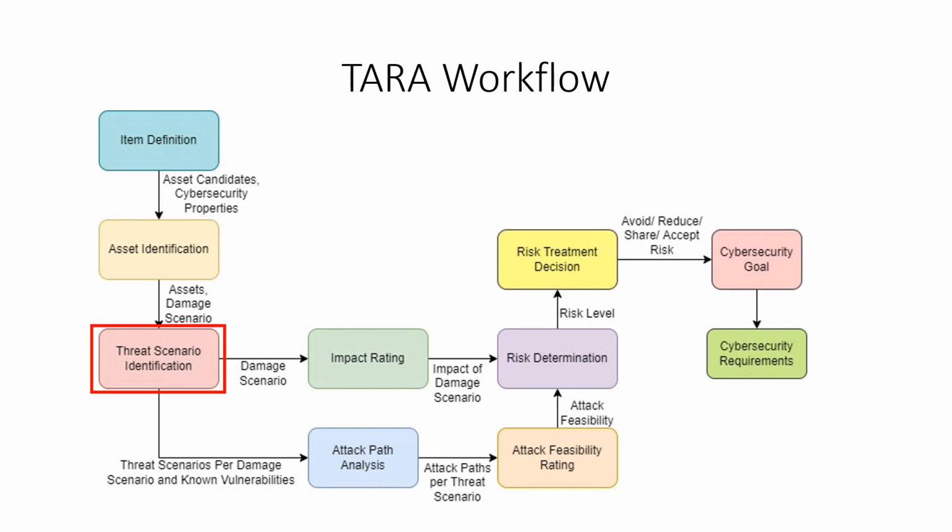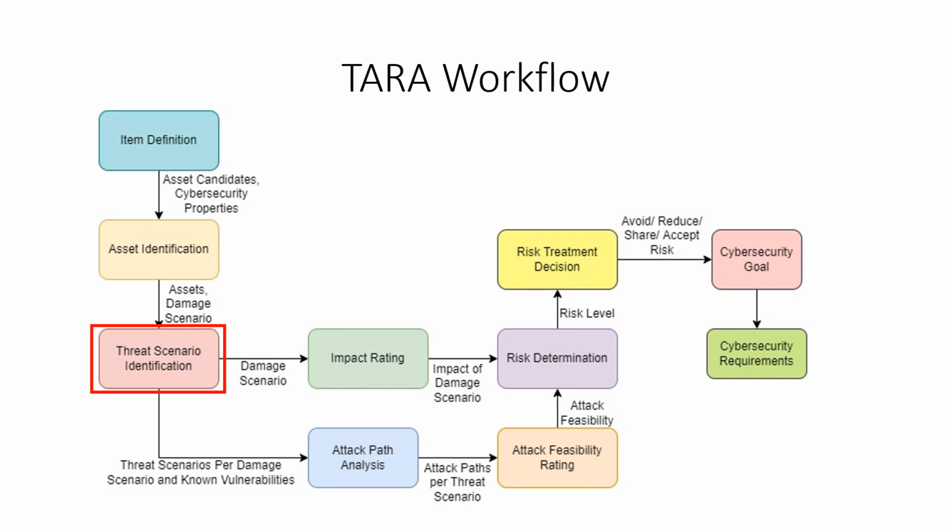So here is the TARA workflow. The item definition comes in clause 9.3. Your asset identification is in 15.3, and through asset identification we will identify the assets and the damage scenarios, and by giving that as input, we will do threat scenario identification.